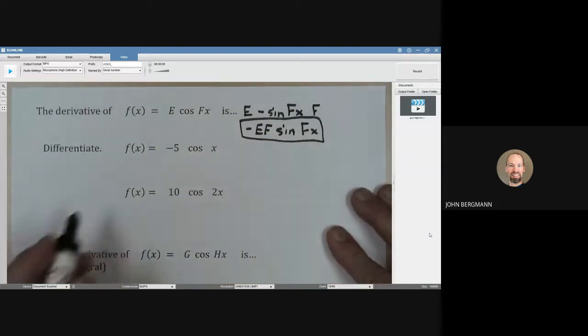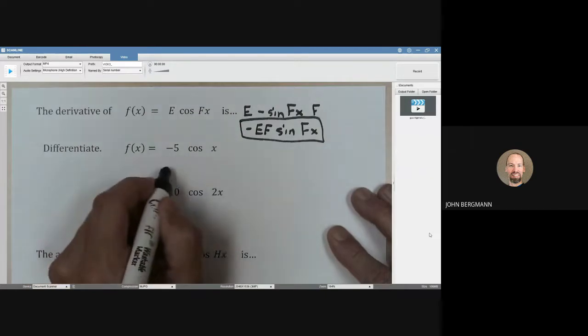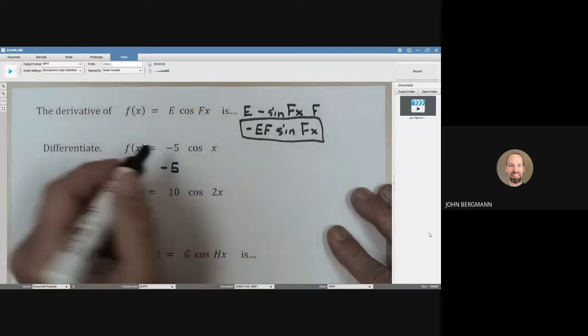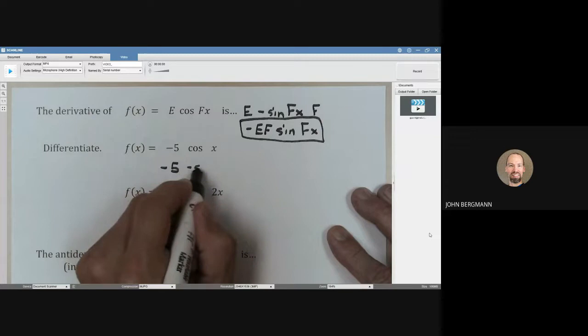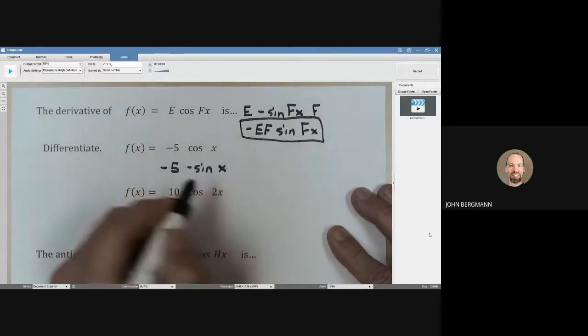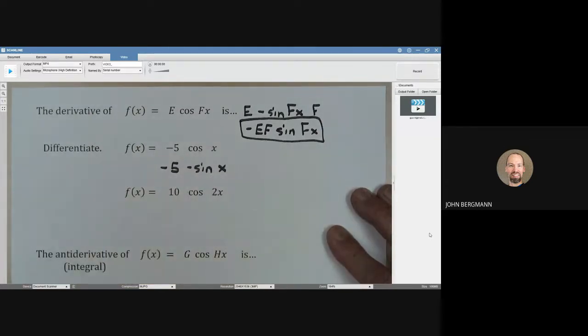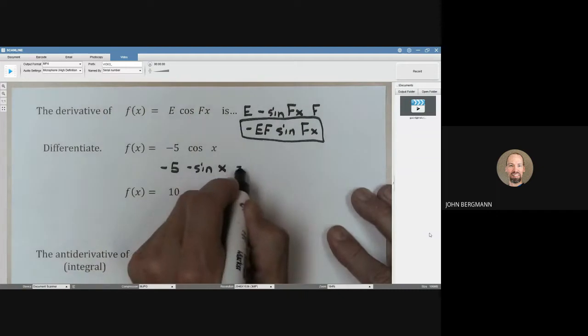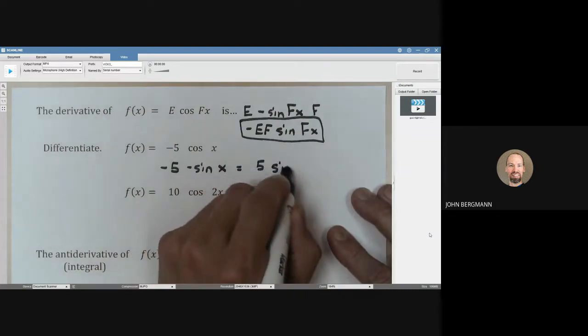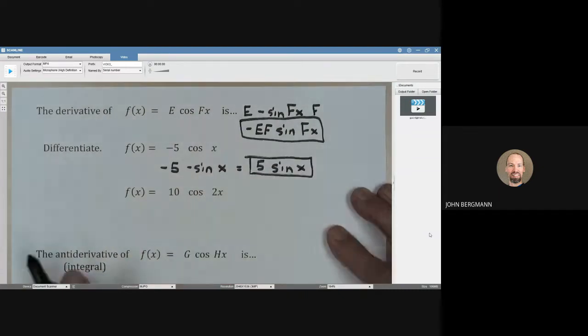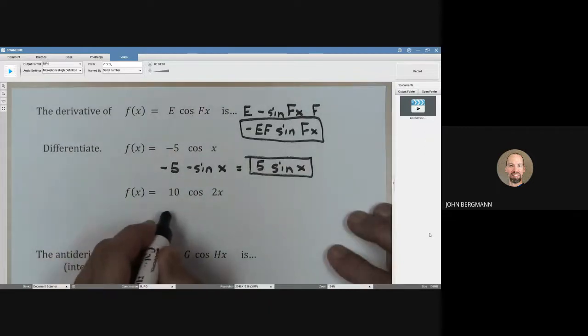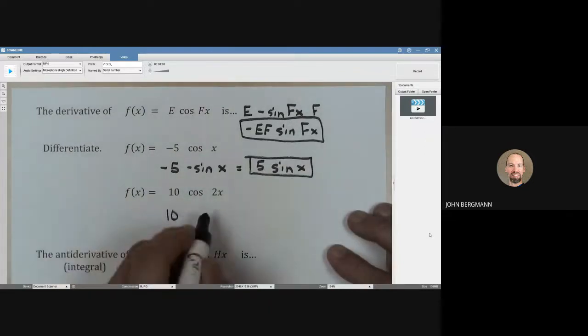So let's try this one. If we differentiate this, let's leave the negative 5 the way it is. Differentiate cosine, you get negative sine of x, and then you multiply by the derivative of x, which is just 1. So in this case, we just get 5 sine x. How about here? Differentiate this. The 10 stays as is.